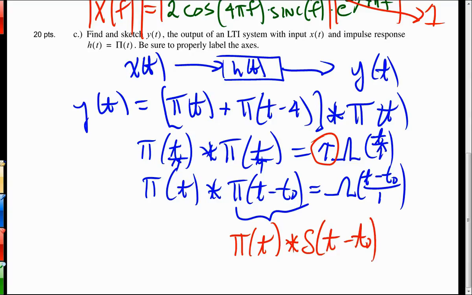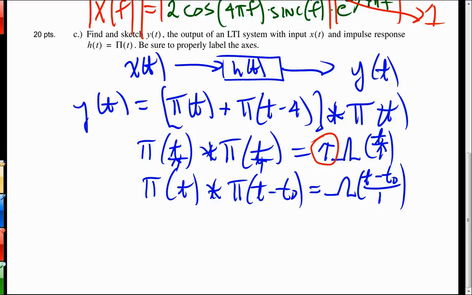Okay? And I know anything convolved with the delta function gives me that anything with whatever the delay is that the delta has. So hopefully you got what you wanted before I erased it, because I'm just wanting the space.